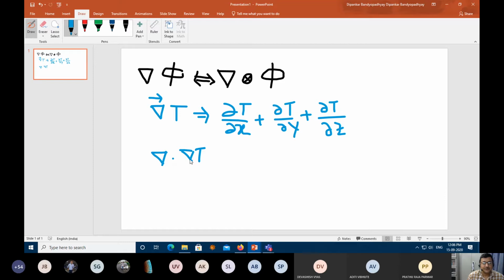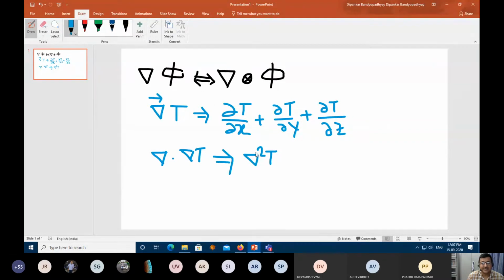So divergence, if you look at these two dot products, what does it signify? You may see that this will come out to be the Laplacian of T. How? You may just imagine that del x i, del y j, del z k. See, there are two, so ii, jj, kk.